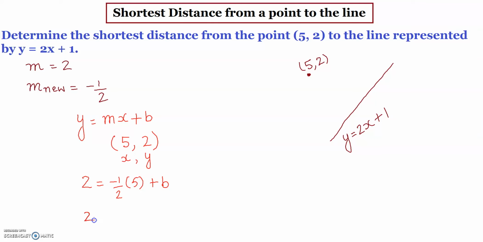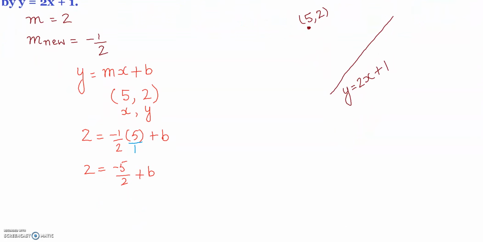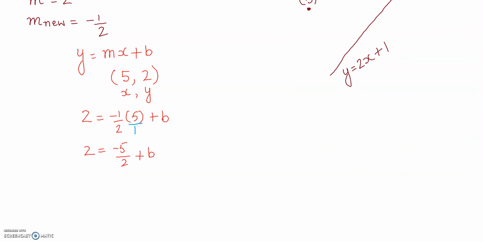Then I can solve for b. Negative 1 times 5, and if there is nothing, it's 1. It means we are multiplying it. So negative 1 times 5 is negative 5, 2 times 1 is 2, plus b. Now I can take negative 5 over 2 to the left side of the equal sign. I'm going to change the sign. So it will be 5 over 2 equals b.